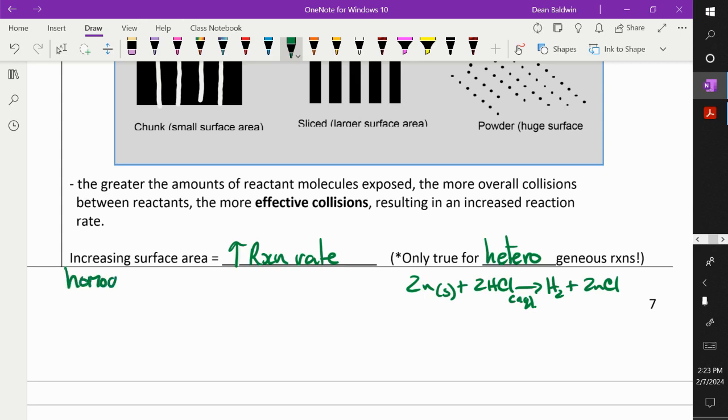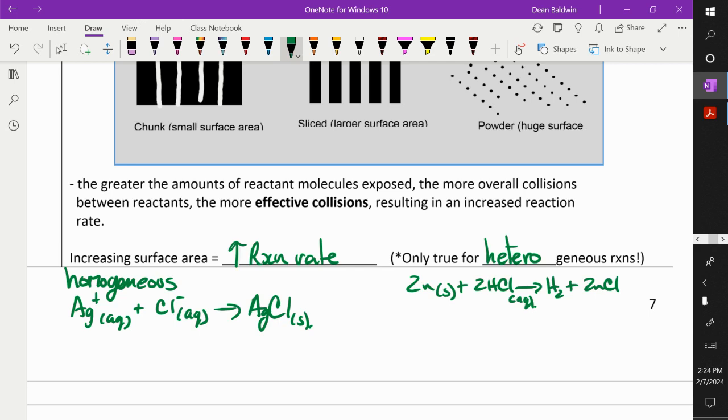Homogeneous would be something like AgCl solid.